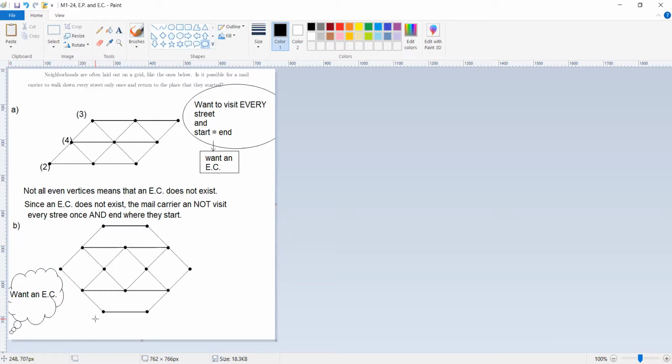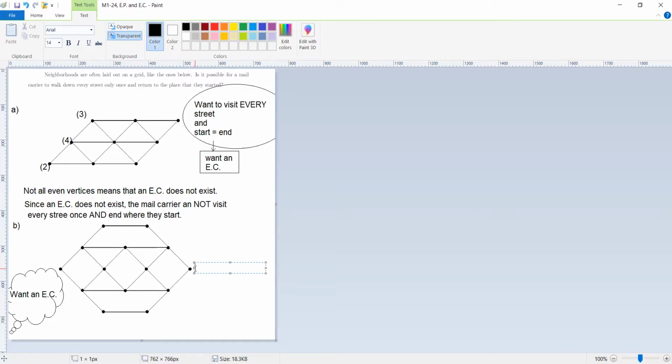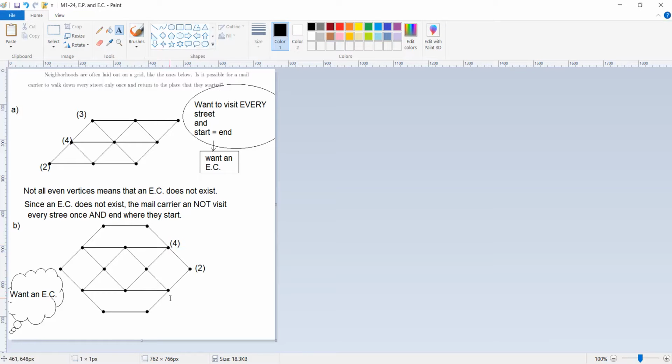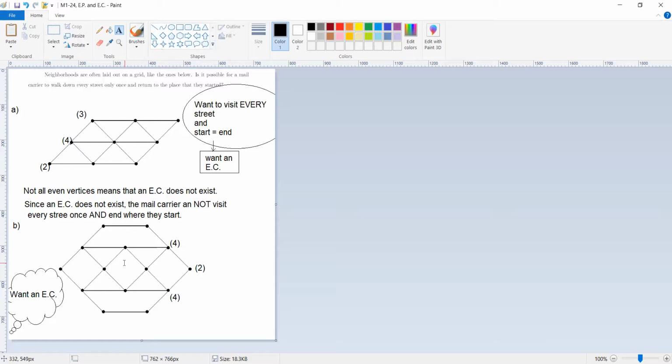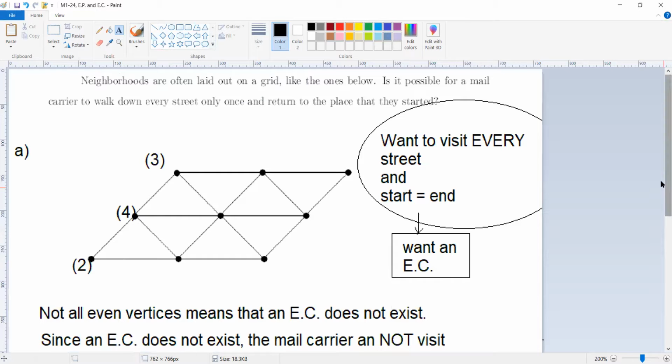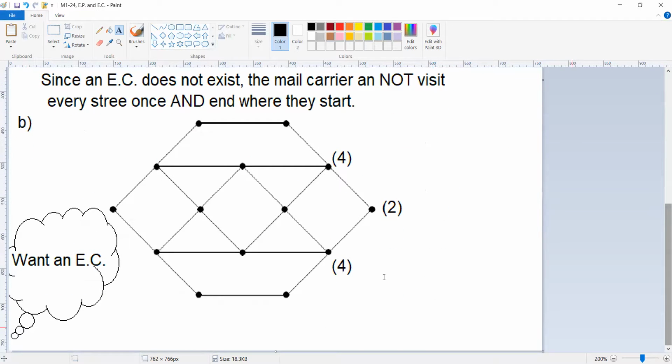Okay, so let's look at the degree of a vertex. This one's degree 2. Actually, going over here to degree 4. Degree 1, 2, 3, 4.